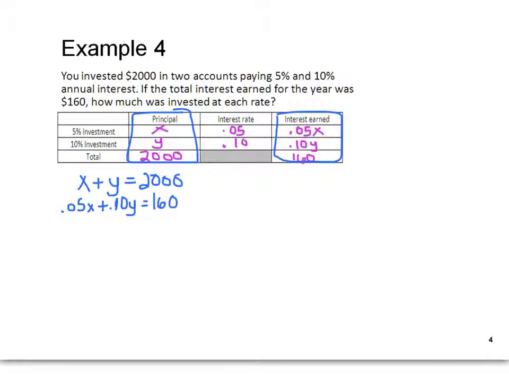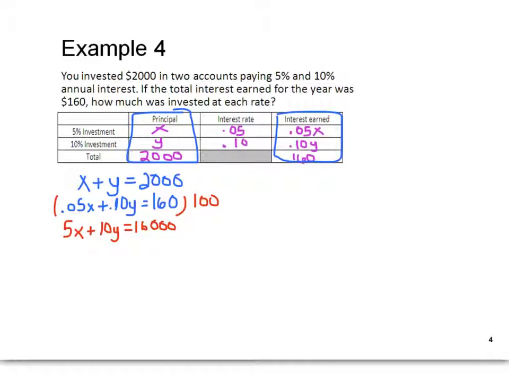If you really don't like having these decimals, we can multiply this whole thing by 100 and get rid of them. It moves all of your decimals over 2 places to the right, so this would be 5x plus 10y equals 16,000.